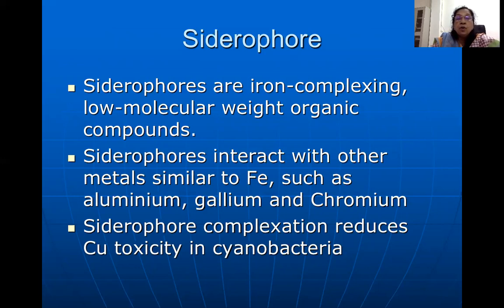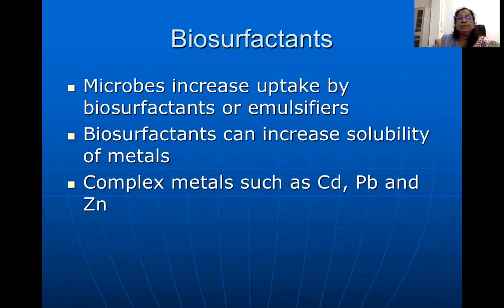This iron, complexed by the siderophores, will be used by the microbe. And this capacity to complex iron is also used to complex other metals like chromium. Siderophore complexation reduces the copper toxicity in cyanobacteria.